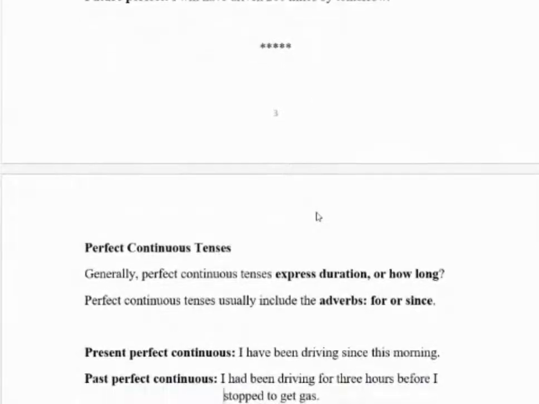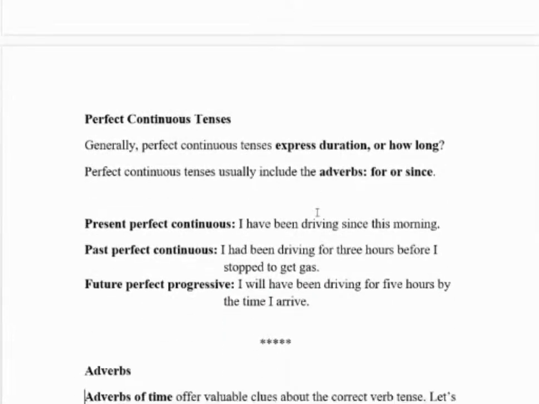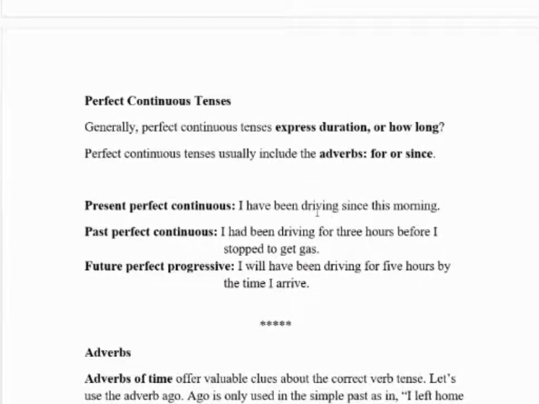We move to perfect continuous tenses. Generally, perfect continuous tenses express duration, or how long. It is a kind of answer to a question about duration. Perfect continuous tenses usually include the adverbs for or since. These are important things for you.